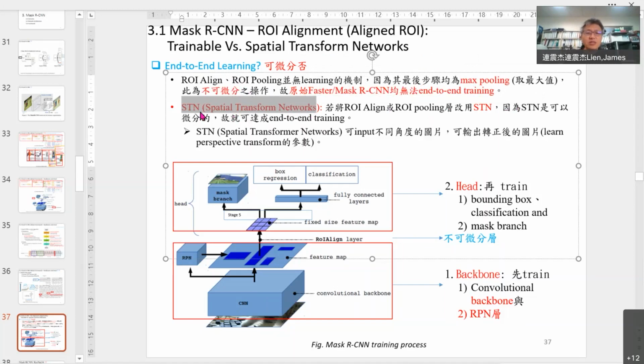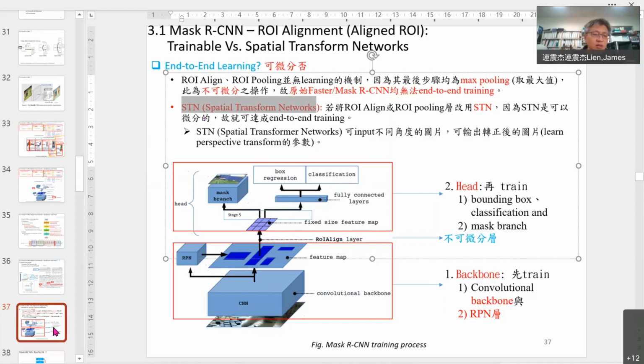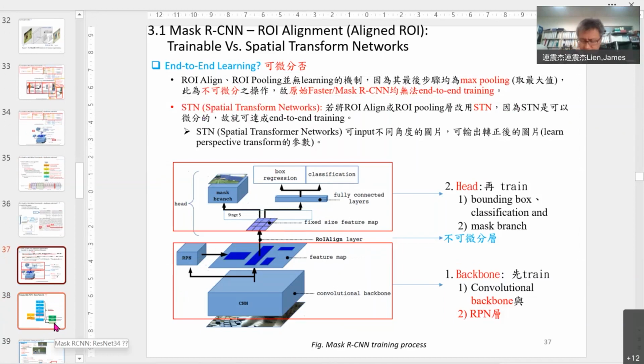So use STN instead of max pooling, for the alignment here. So some people changed this one. But actually, end-to-end is good. Yeah, it's good. But probably you don't need to care too much about whether it's end-to-end or not, at our current stage.